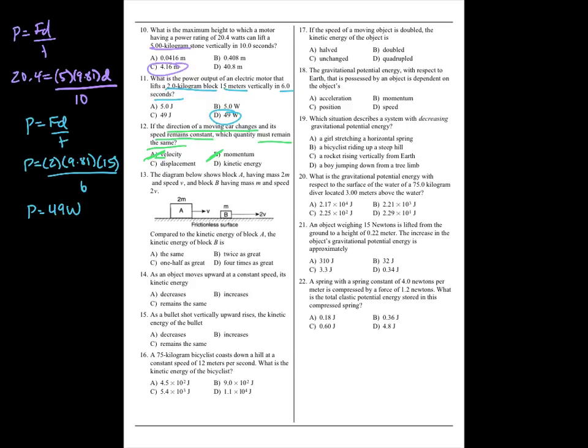Displacement is also the same. If you notice, all three of these answers are vectors. Kinetic energy is the only scalar that doesn't depend upon direction. Remember, vectors account for direction, so if direction is changing, these vectors are also changing. Scalars don't depend on direction, so they stay the same if their magnitudes stay the same. And that's it.